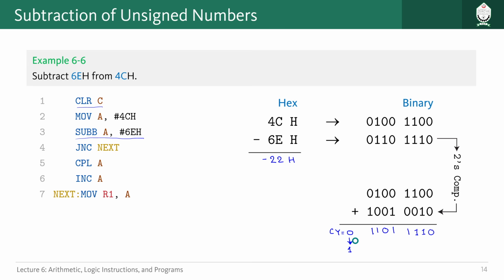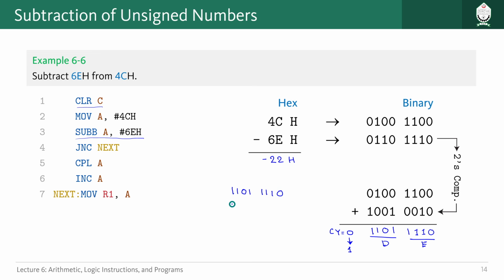If I want to get the correct value, I have to take at least the 2's complement form of that, right? So here this value is actually what? DEH, right? So if you take the 2's complement of this value, the result we have got, let us try to do that. 1 1 0 1 1 1 1 0.